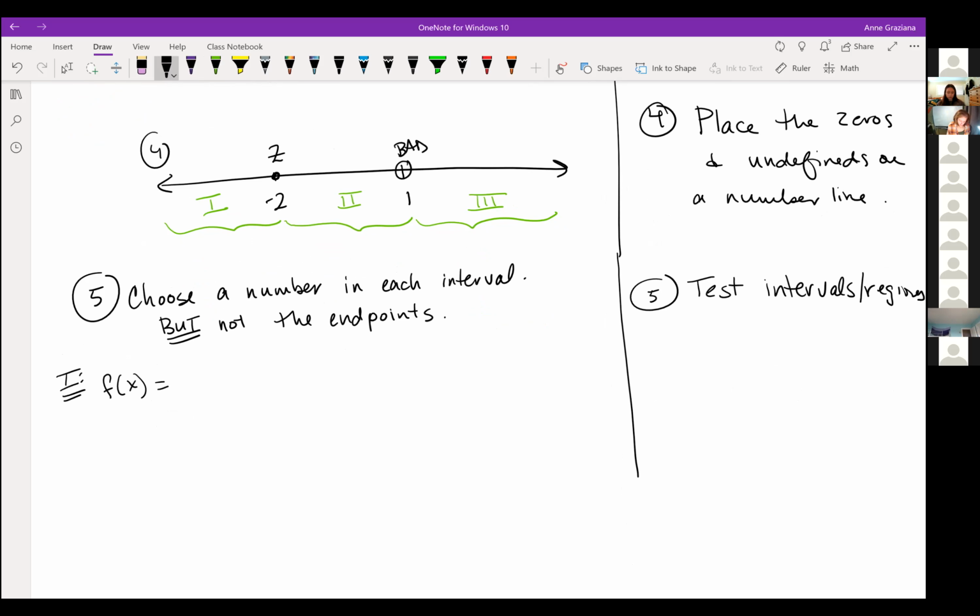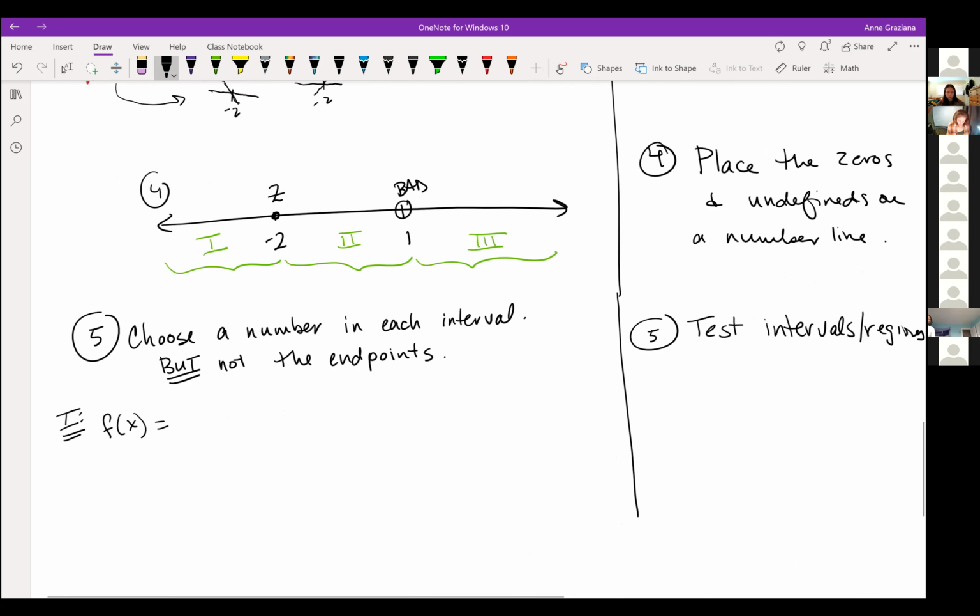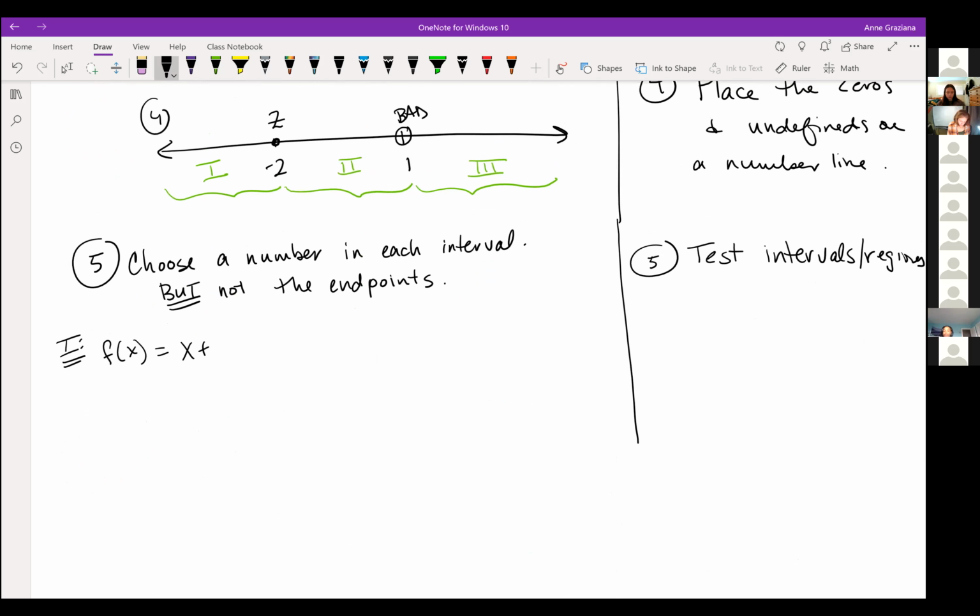So f of x equals, my function was x plus 2 over x minus 1. I'm going to choose an x that comes before -2, and the easiest one is probably -3. We don't get super creative here. You can if you want to, you can pick a decimal or fraction, but nobody likes to. As long as it's before -2.